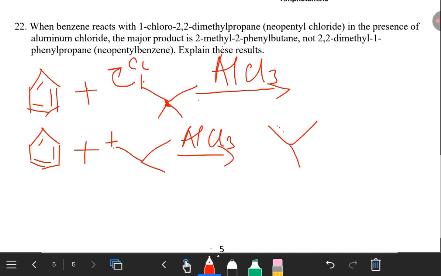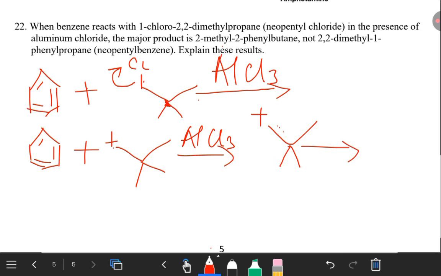If we do a methanide shift, we are simply shifting this group, which is here. There's another branch here. We're just shifting one methyl to this position, then the carbocation will come to this point. So this is what you're going to have.